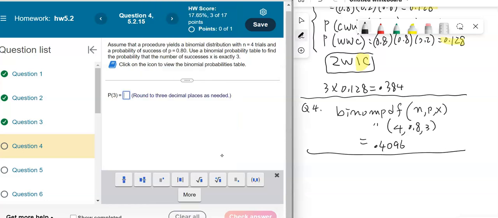Okay, so here 0.4096. Well, we need 3 decimals, so 3 decimals. So what are you going to do? 0.410, isn't it? So I'm going to change that. 0.410. Okay.